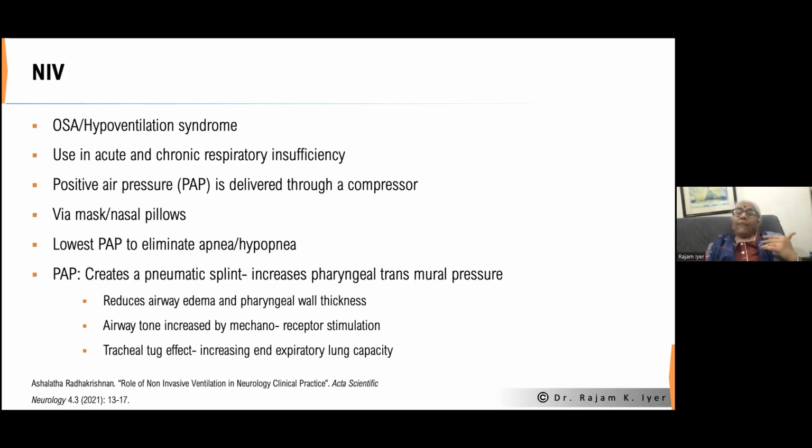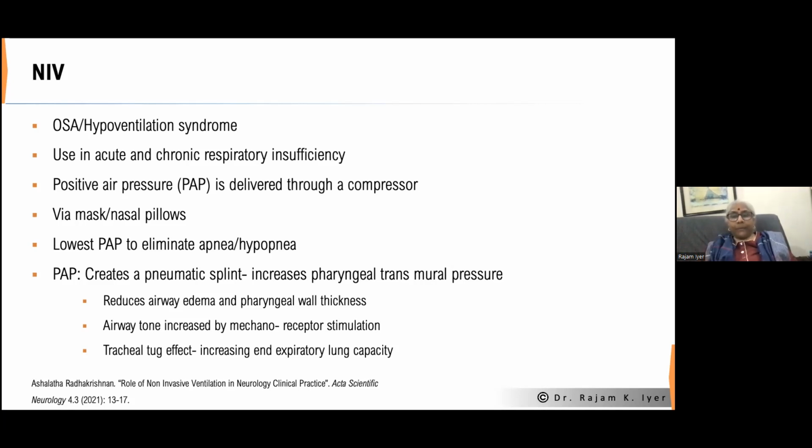And then there's bi-level positive airway pressure, where inspiration and expiration pressures are different. It facilitates the expiration of carbon dioxide, typically used in type 2 respiratory failure or in congestive cardiac failure, where there is a lot of pulmonary edema. It squeezes the lung to empty the fluid from the alveoli.